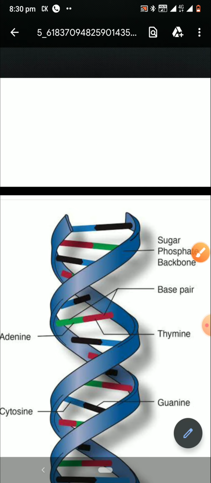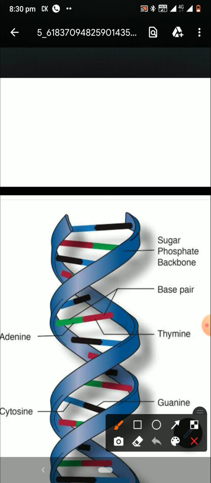Okay, there is an important point to note. As I have already said, the nucleotides will be of 4 types, that is thymine, cytosine, adenine and guanine. And these nucleotides will pair together to form the polymer DNA.